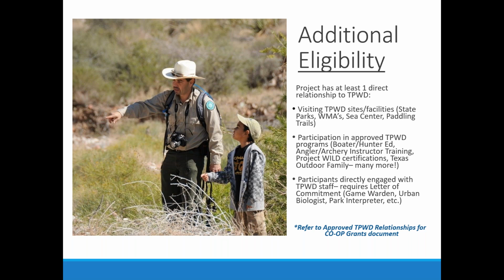An example might be simply integrating a Project WILD activity, so that is an approved relationship, versus having multiple overnights in a state park. So which of those might have more influence on a person's lifelong behavior?